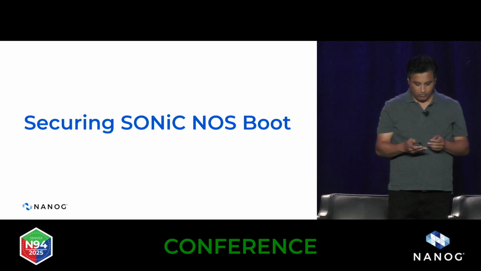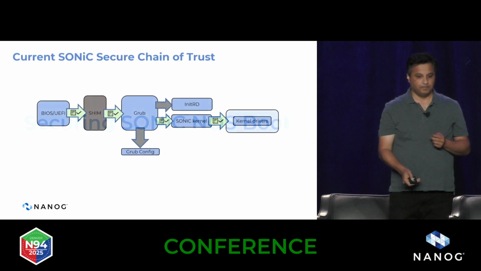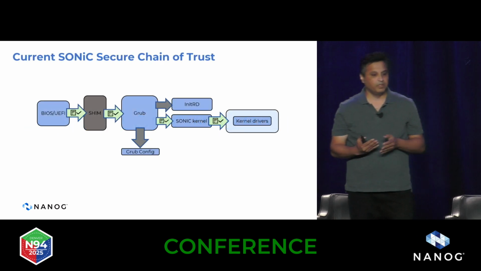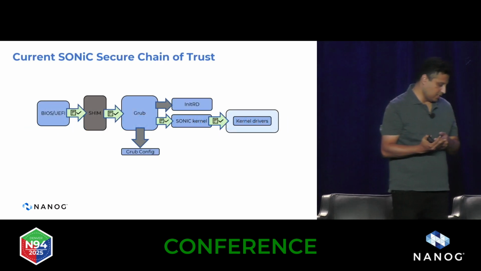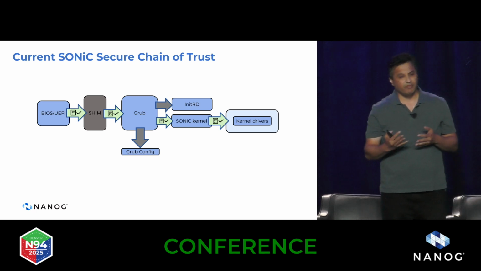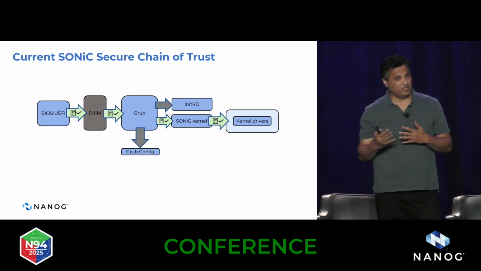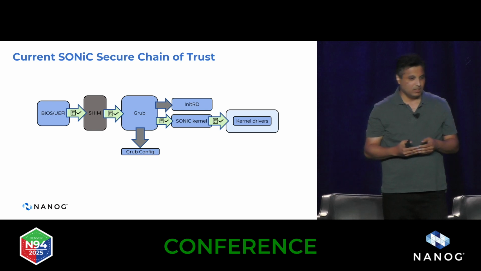So let's understand what currently exists in SONiC. In this picture, if you see, SONiC is a Debian distribution. So it leverages the Debian infrastructure wherever possible to implement the security functions.